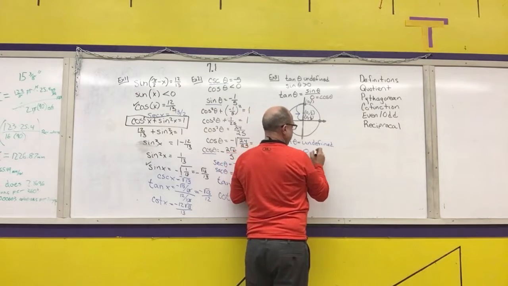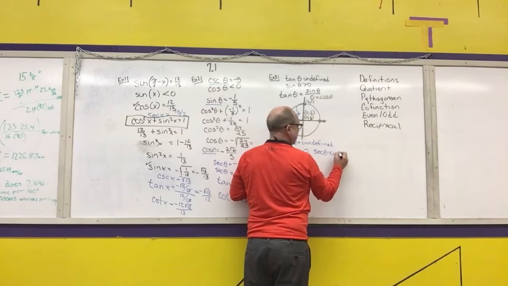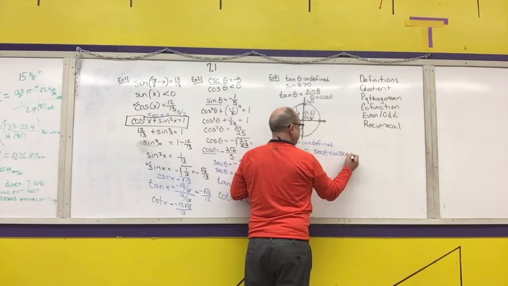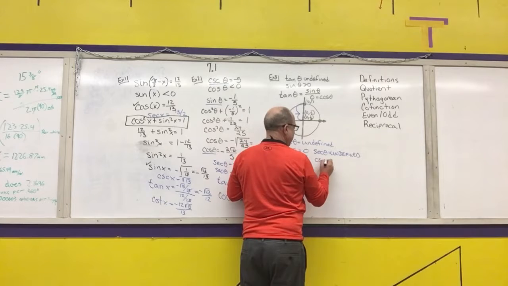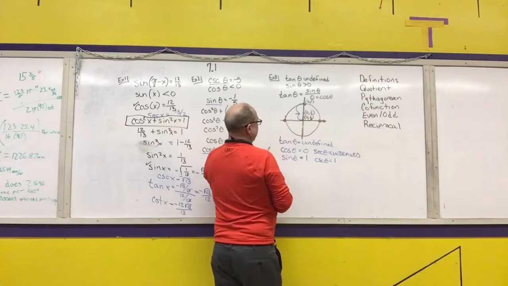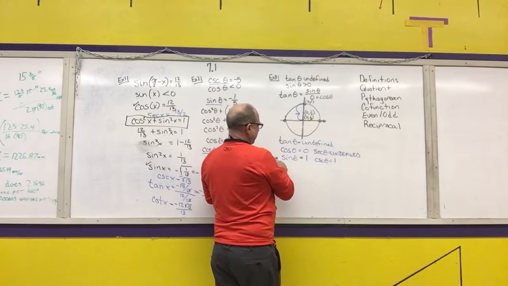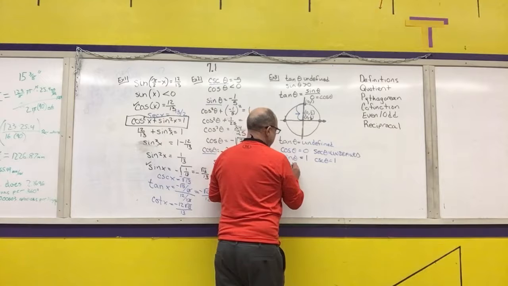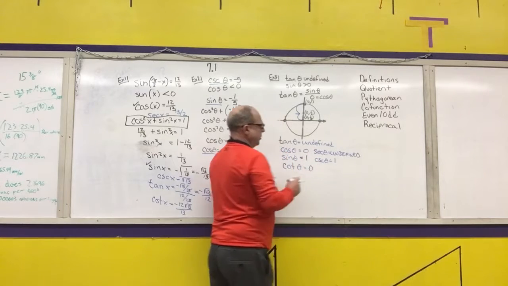The reciprocal identities, I get that the secant of theta is 1 over 0, which is undefined. I get the cosecant of theta, which is 1 over 1, which is 1. And then the last one, I'm going to do cosine over sine for cotangent. I get 0 over 1, which is 0.